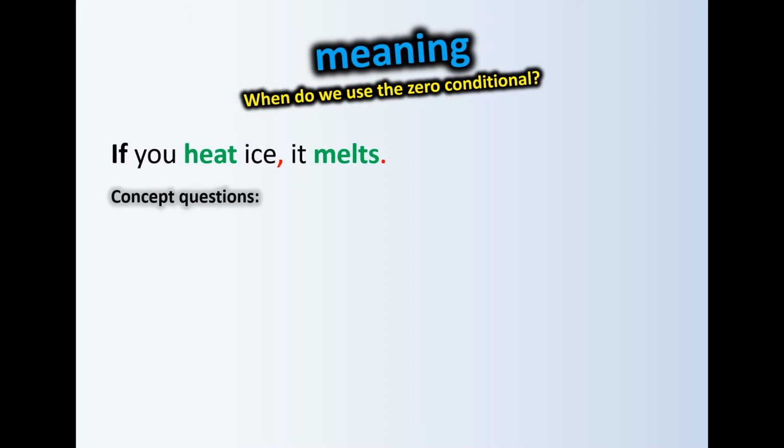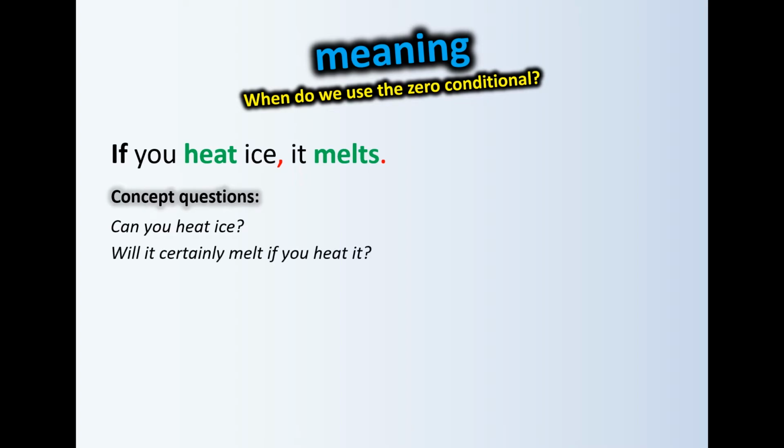Now, I'm going to ask you some questions to help you understand when you should use the zero conditional. Let's read our example sentence again. If you heat ice, it melts. Question 1. Can you heat ice? I mean, is it possible that you could heat ice? 2.